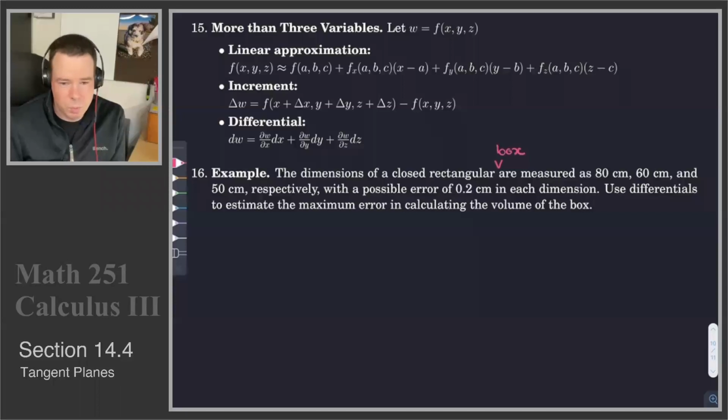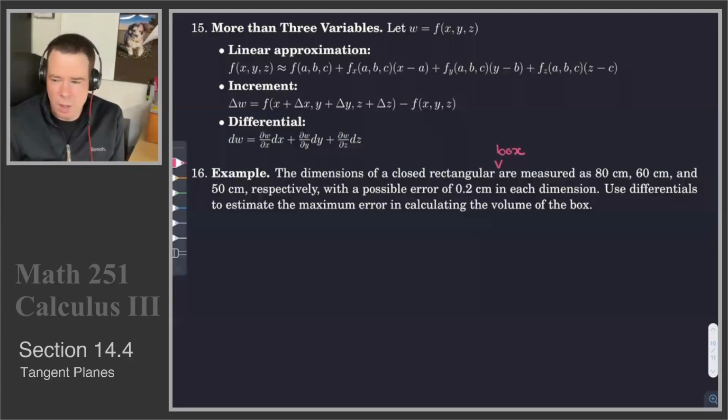But because we're measuring, there's some error in our measurements. It could be due to the device we're using to measure. Maybe we're using a tape measure, and that's the best we can discern for our measurements, that it's 80 centimeters plus or minus 0.2 of a centimeter. So we've got these errors in our measurements.